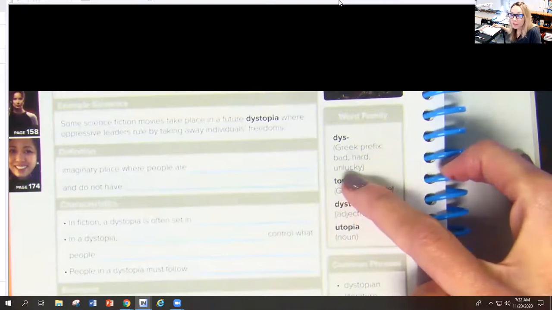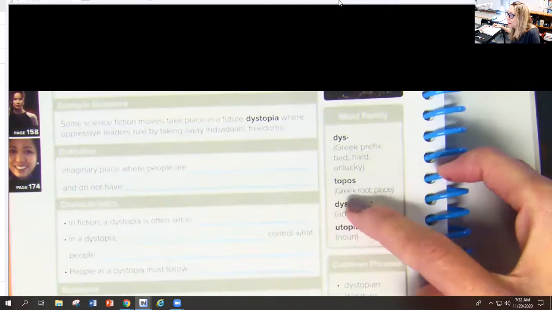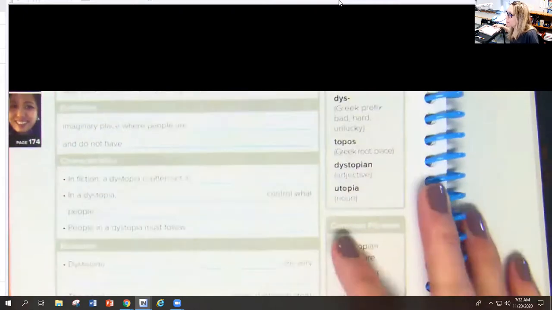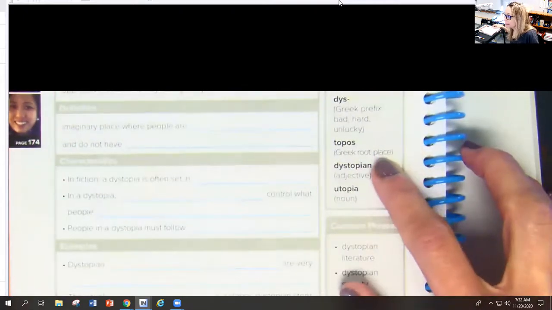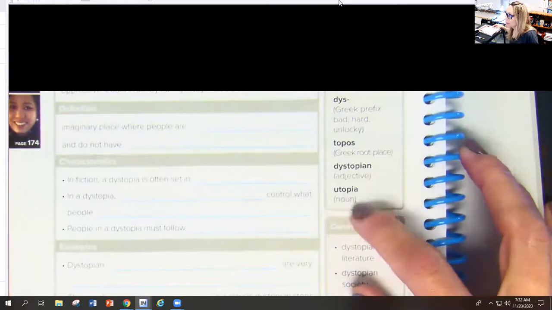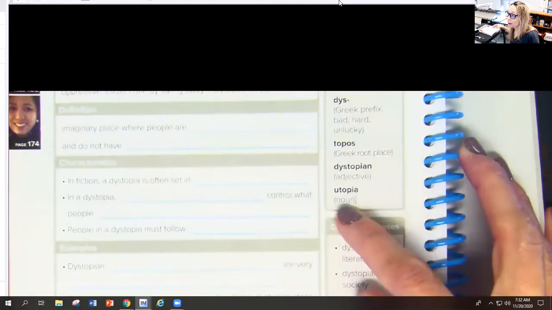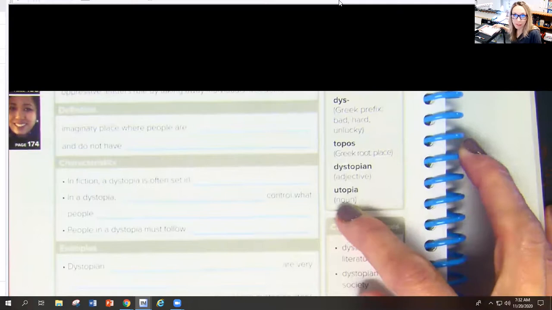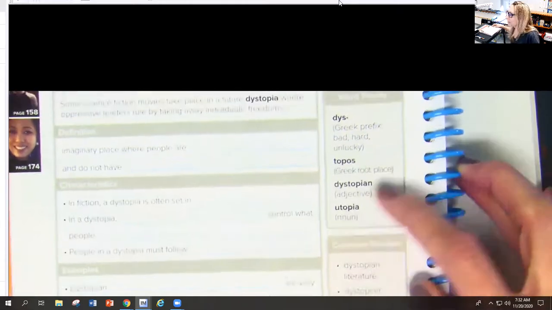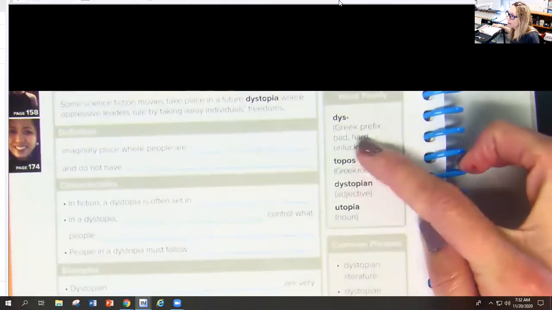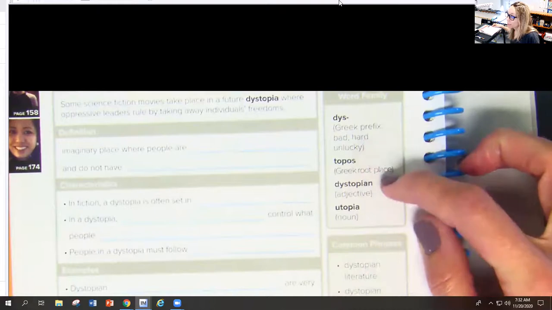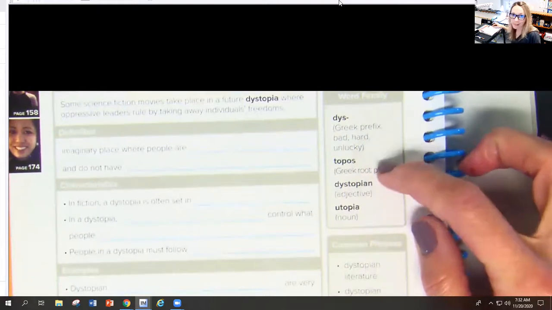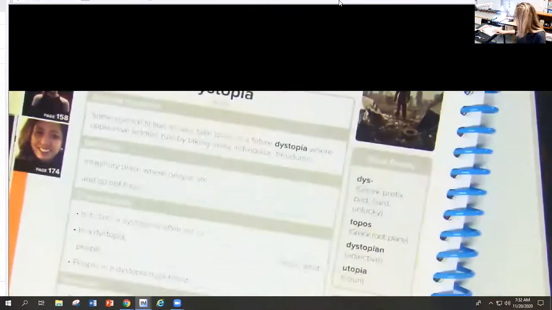Hence, dystopia. Topos, Greek root, place. Dystopian is an adjective, and utopia is a noun. Remember, utopia is the opposite. Utopia is where you live very happy. Everything's good. So dystopia is a hard or unlucky place. Bad place. See, it all comes full circle, kiddos.